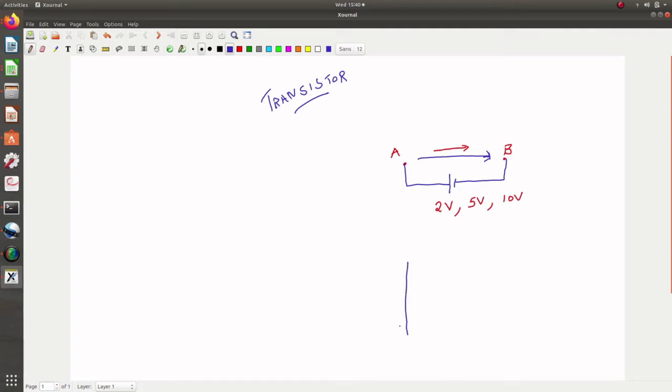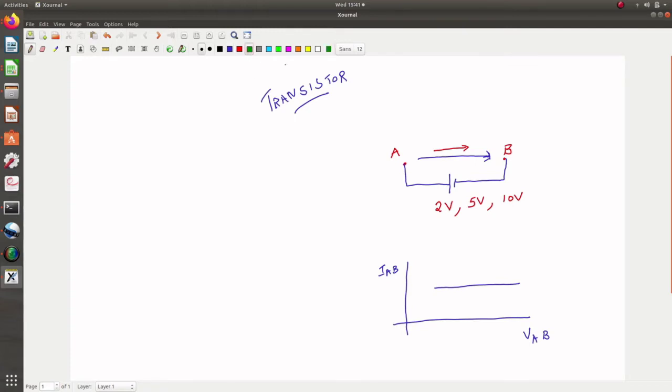Which means if we plot it graphically, if the x-axis is VAB, the voltage across A and B, the current IAB flowing through A and B should be a constant. This is one requirement.